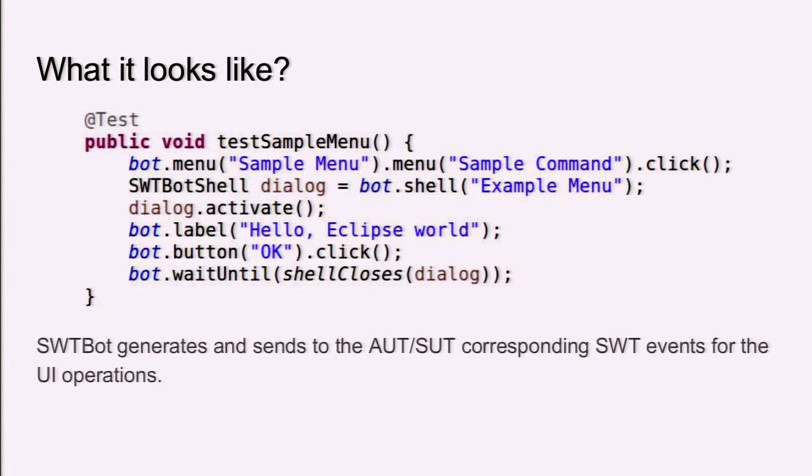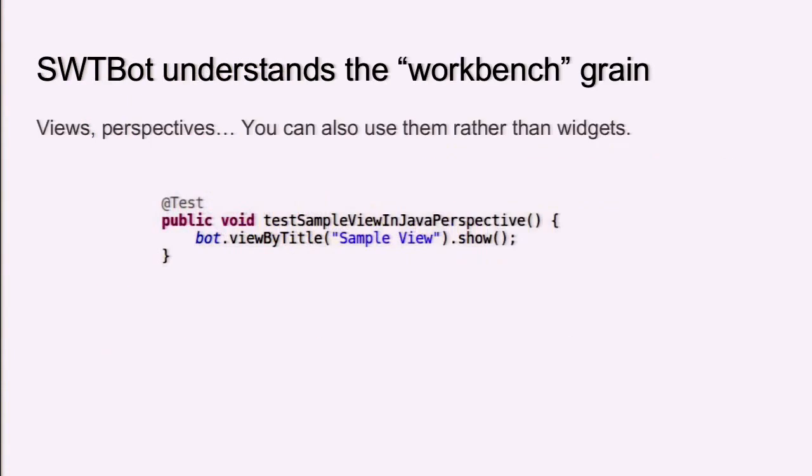And for each method, you can consider that SWTBot under the hood generates on the application under test all the SWT events for these methods. So for instance, in this case, we'll see that in more details in the demo, so I'm just going on.